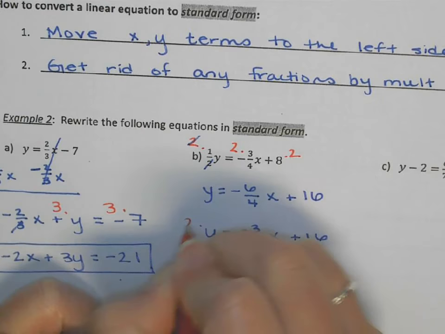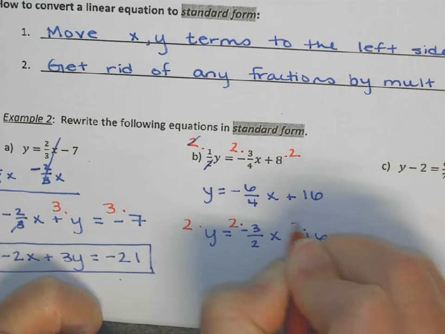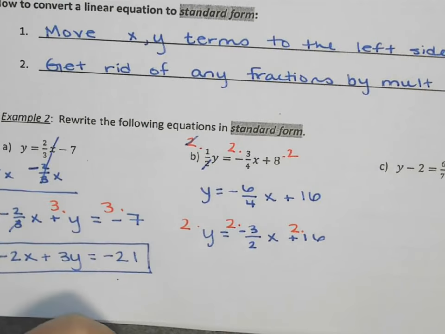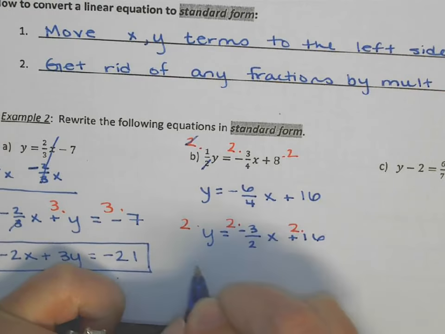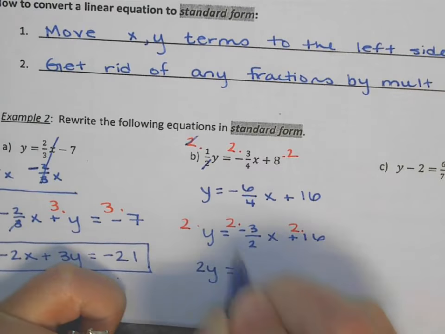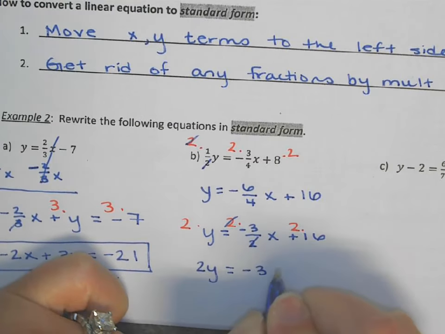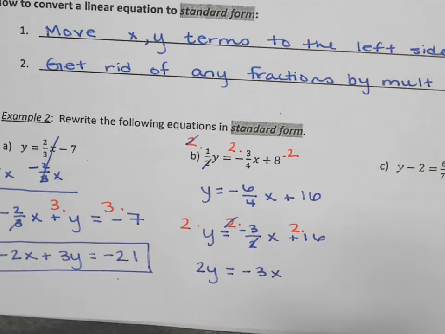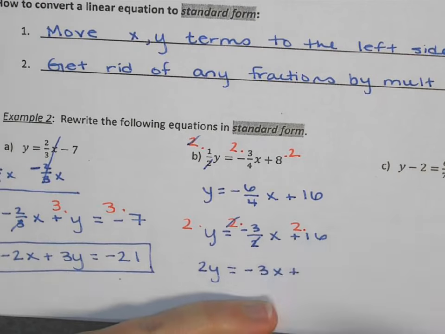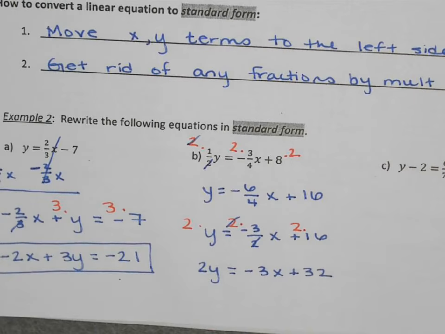So I'm going to multiply everything by 2 again. So 2 times y is 2y. When I multiply by 2 and divide by 2, that's just going to be negative 3x. Plus 16 times 2 is 32.